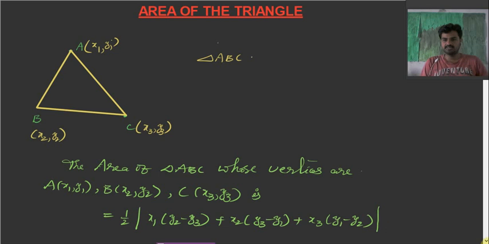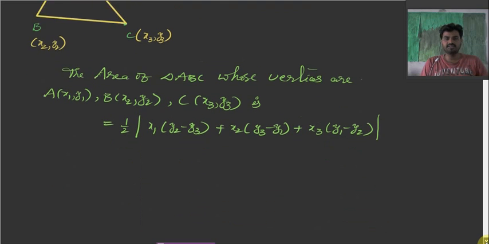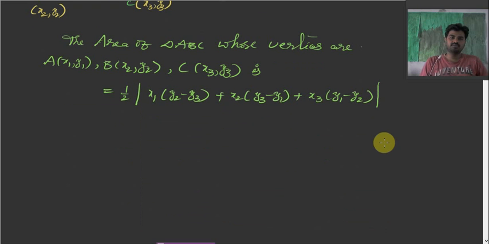We know that this is the formula. In the 10th class we used this formula to find the area of the triangle, but some more formulas similar to this are also there.